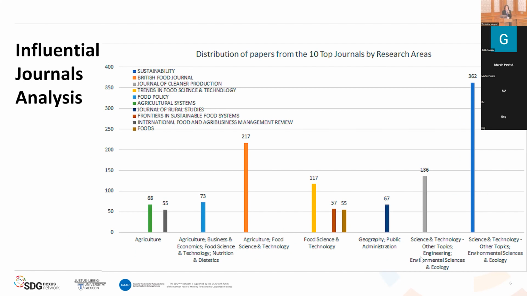The leading journals are presented here, and we can highlight the British Food Journal, presented by 217 papers. We can also say that the journal Sustainability made a considerable contribution with 362 papers, and for the research area science and technology as a topic, we have the Journal of Cleaner Production.